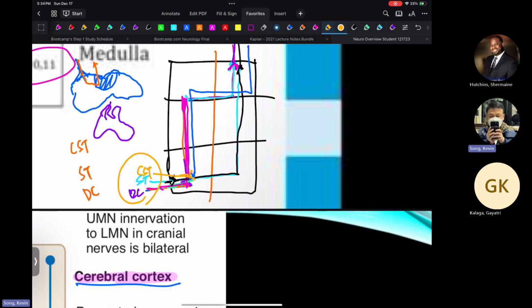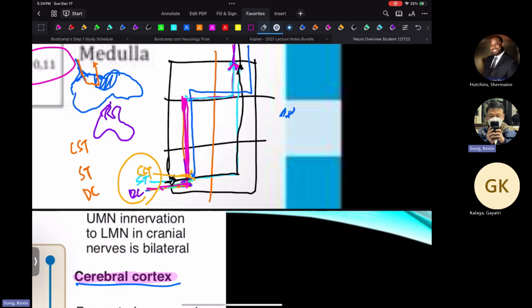Okay, so now how about cranial nerves? Let me ask this kind of tricky question.